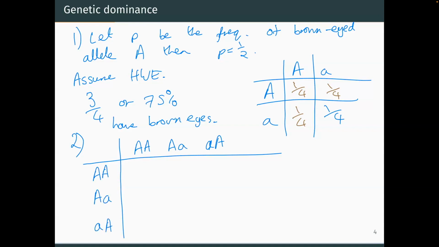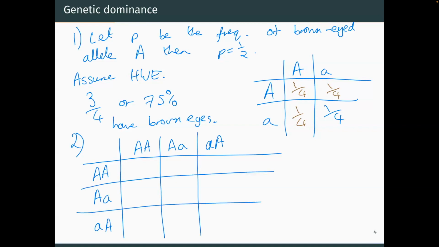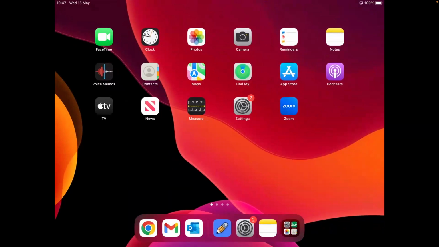Here, we get a similar thing: AA, A little a, AA, and A little a, and so on and so on. We can see that each of these is going to have 4, and the only possible way to get 2 little a's is this guy and this guy, this guy and this guy, this guy and this guy, and this guy and this guy here.